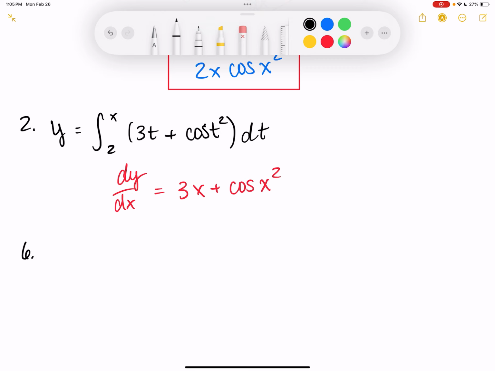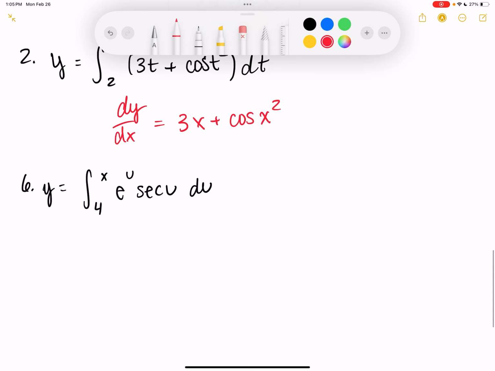Y equals the integral from 4 to x of e to the u secant of u du. What about this one? dy dx equals e to the x secant x.